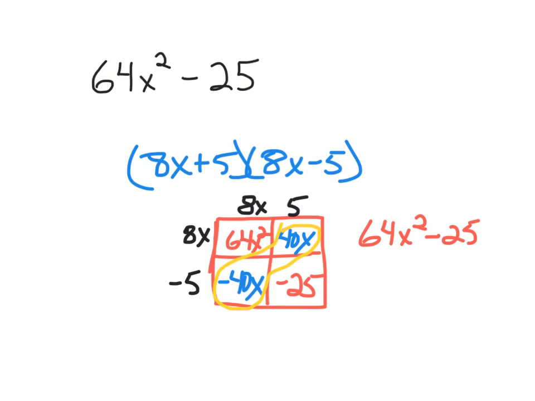I'll do one more example just to make sure that we understand it. So here we have 36x squared minus 9. Is this the difference of two squares? Well, let's try this out.